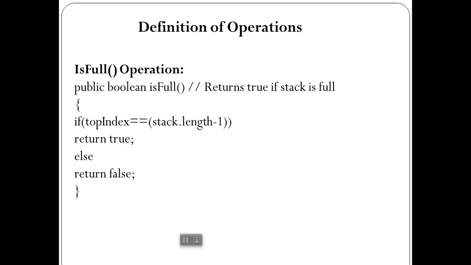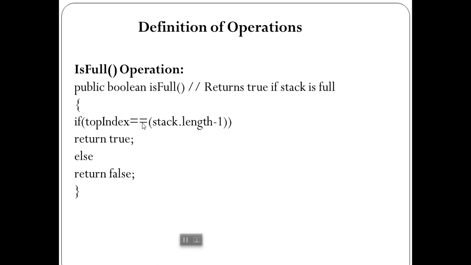Similarly, is full: you have to identify whether the stack is full or not. How will you identify that? By the same top index variable. If the top index variable reaches the maximum size of your array, then the stack is full. How will you identify the maximum size of your array? Using the length property.